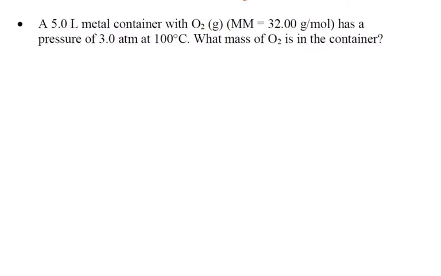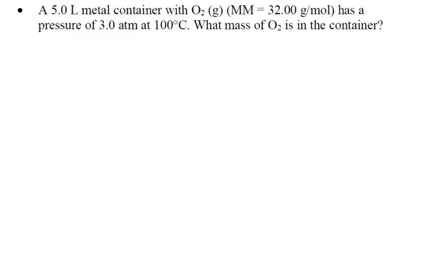Okay, the last problem. A 5-liter metal container with oxygen has a pressure of 3 atmospheres at 100 degrees Celsius. Again, I'm going to change that to 373 Kelvin before I forget. What mass of oxygen is in the container? If I want mass, I'm probably going to have to get moles, so this is a PV equals nRT problem.